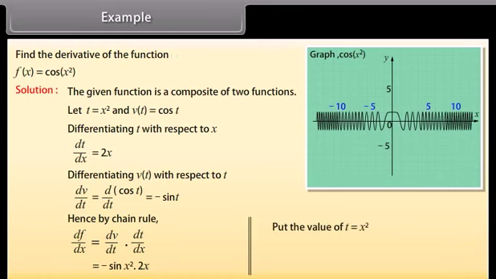Put the value of t is equal to x square, which gives minus 2x into sin x square.